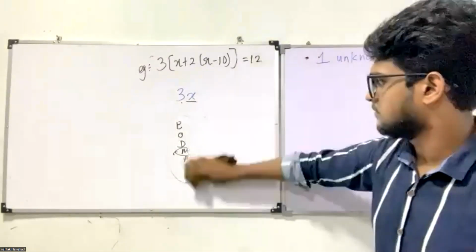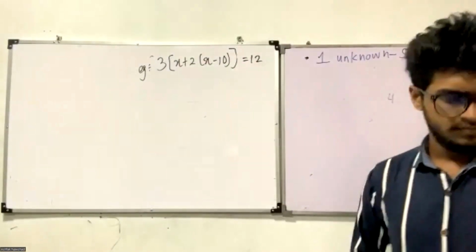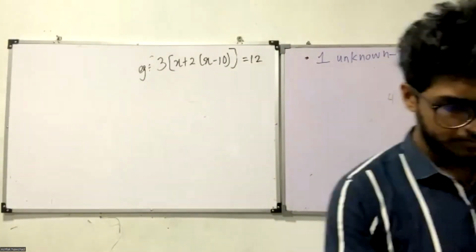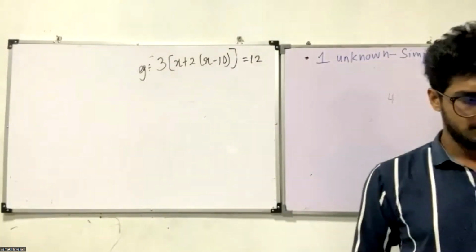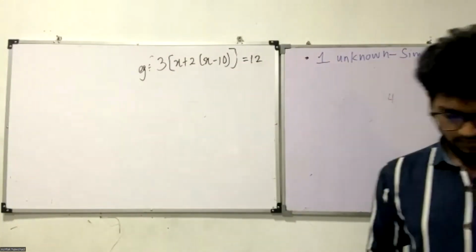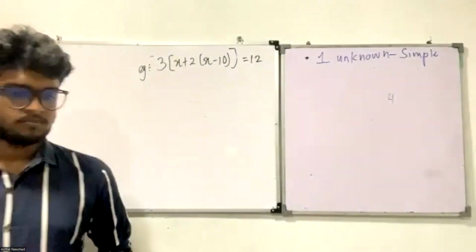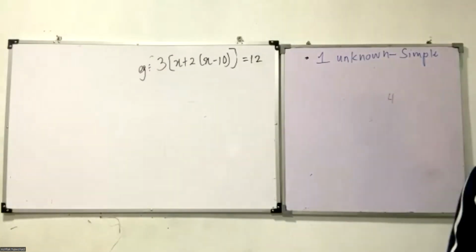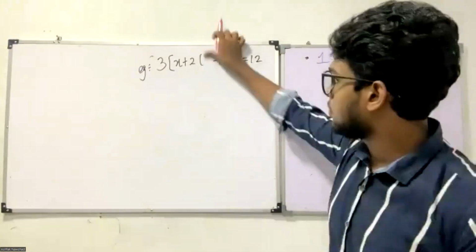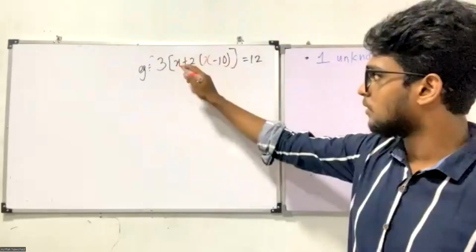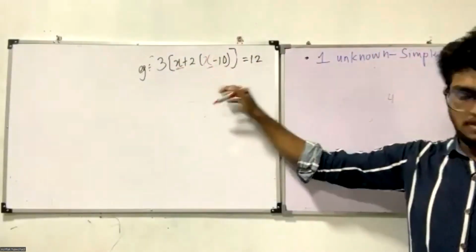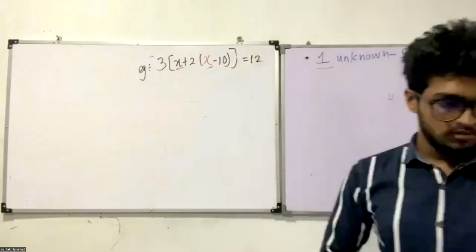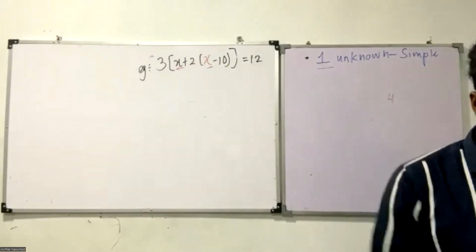Try this out. This is again a simple equation. There are two x's, but the same value, no? Same unknown. So this is a simple equation. There's only one unknown. See, x is the only unknown in this equation. So you can solve it and send your answers.